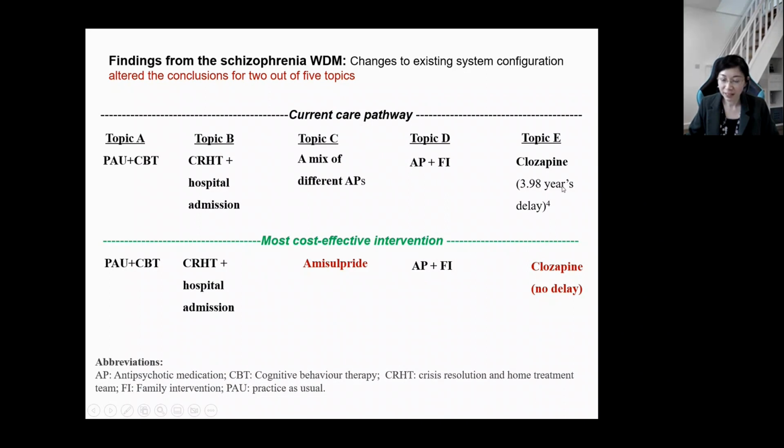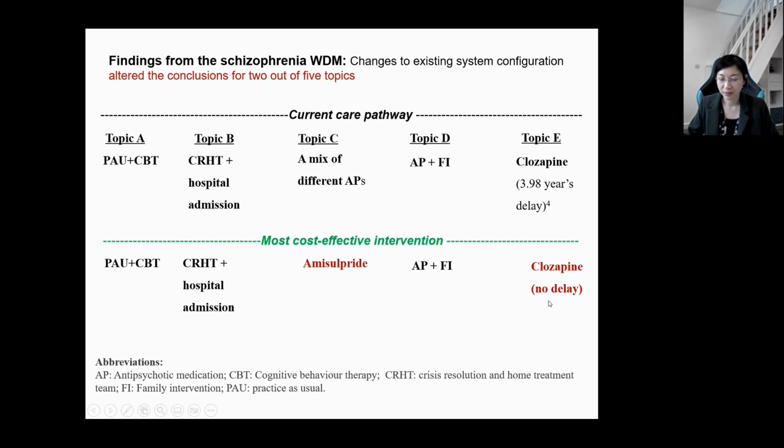And for topic E, that is about the choice of antipsychotic for people with treatment-resistant schizophrenia, the current practice is that patients with treatment-resistant schizophrenia will be prescribed clozapine. However, there is about a 4 years delay for patients to get clozapine.